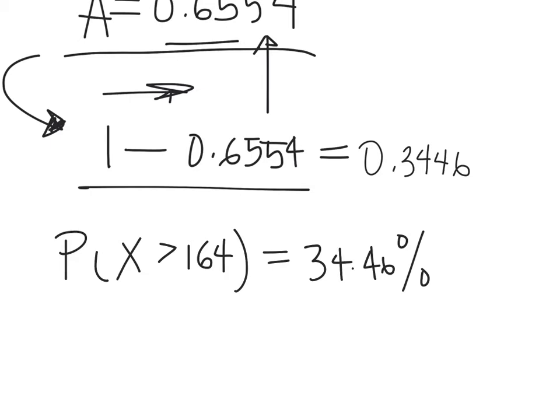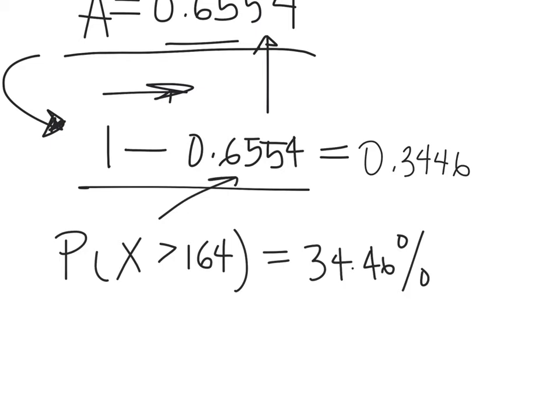Now take note, if the question was the probability that the height will be less than 164, then we could have simply answered it as 65.54%. So always check the probability being asked. Is it the probability that will require you to take the area to the left or to the right of a z-score?